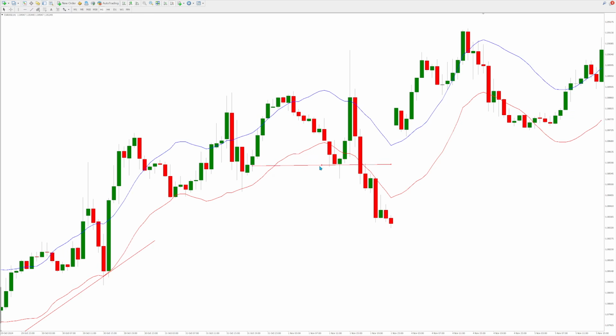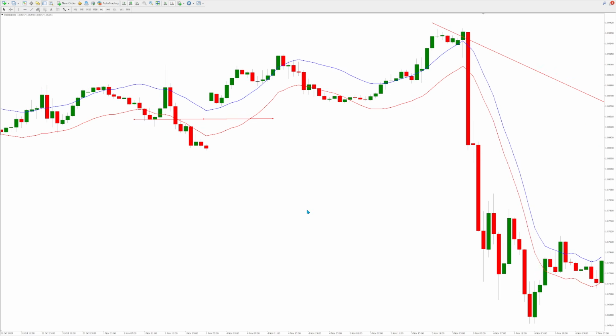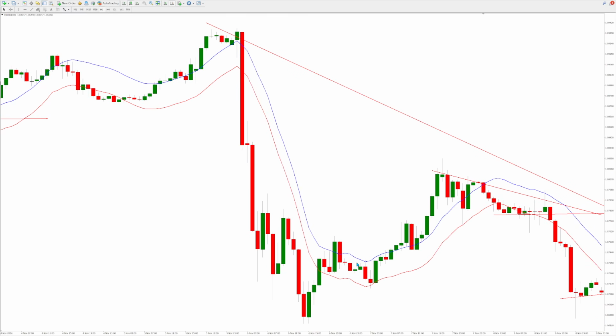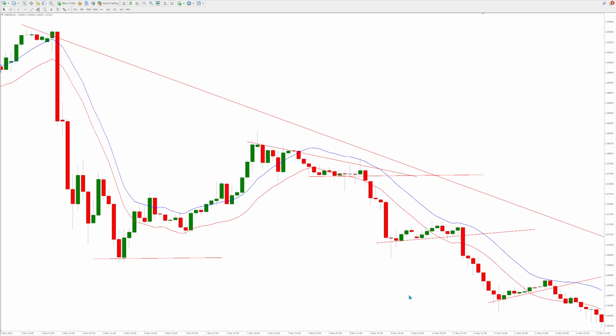Okay, so just time your entry carefully. Have good money management, good trading discipline as well. And you can capture some big moves. Don't sell at the bottom of a move like this. You see a big move, you don't sell down here. You could draw a support line and wait and see if price does pull back and then break through here.